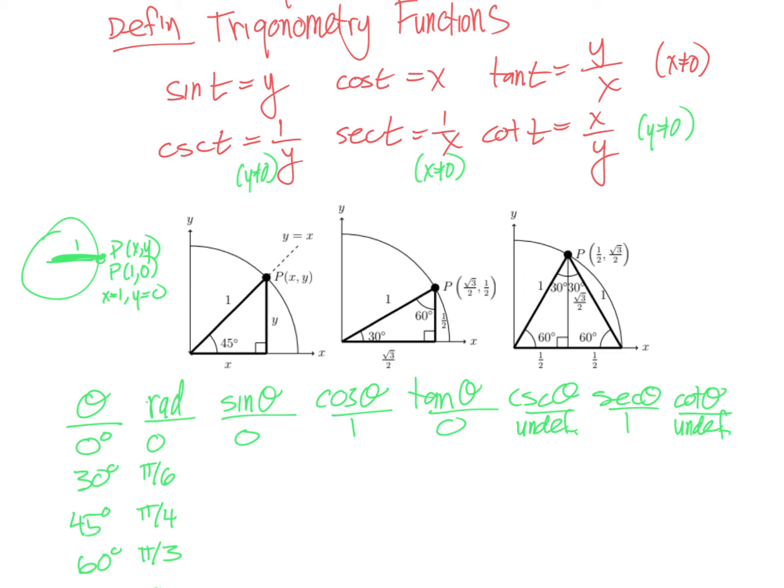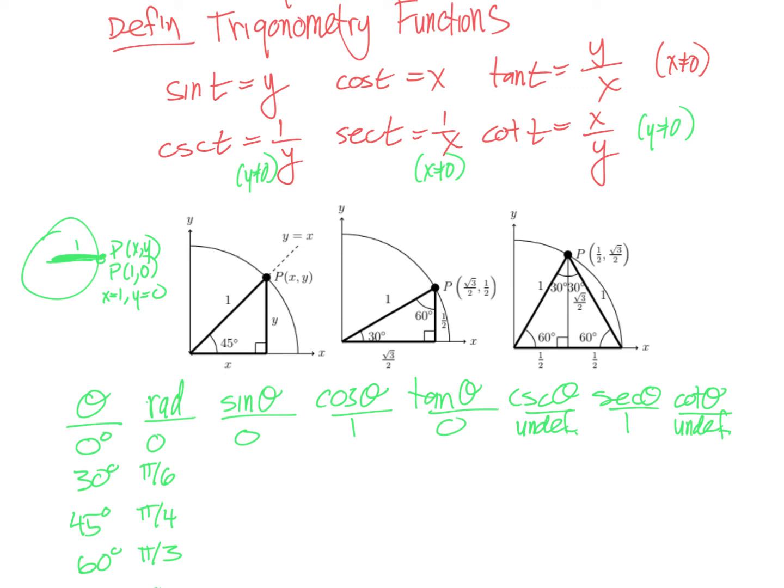For 60 degrees, we would use this triangle, which is really an equilateral triangle, 60, 60, 60, and then you just kind of cut that in half, and now you have another 30, 60, 90. And then for 45, we have an isosceles triangle, where this length and this length are equal, because if this is 45 and that's 90, this is also 45, so we have an isosceles triangle.